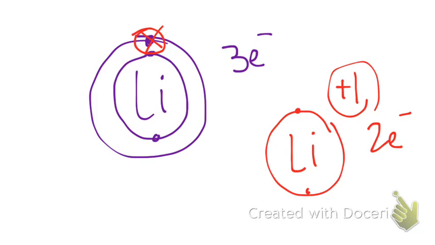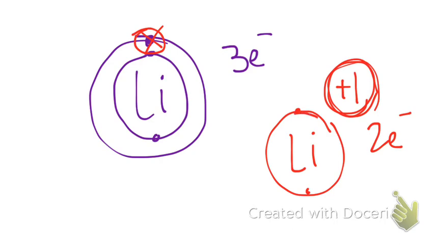Lithium gave away an electron. It was supposed to have 3, but now it only has 2. It's short an electron, which leaves lithium with a +1 charge. Do you see on your chart that's what lithium's charge is? When lithium is an ion, it is a +1 charge because it would rather give away that electron than gather 7 more. So it does it often. It just gives away that electron and then it hangs out as Li+1 and it's ready to bond.